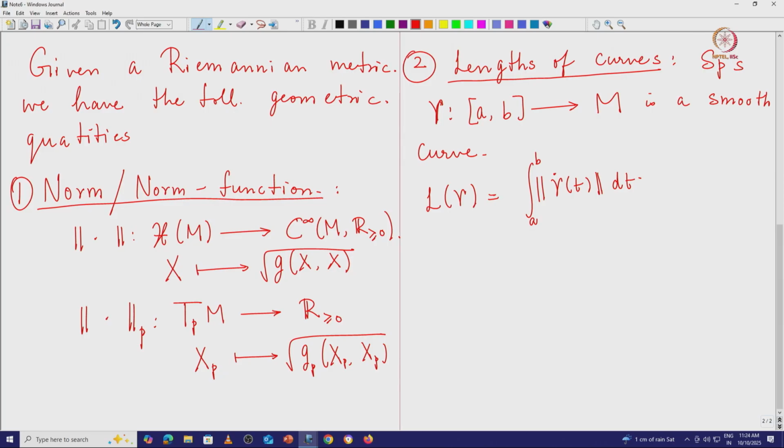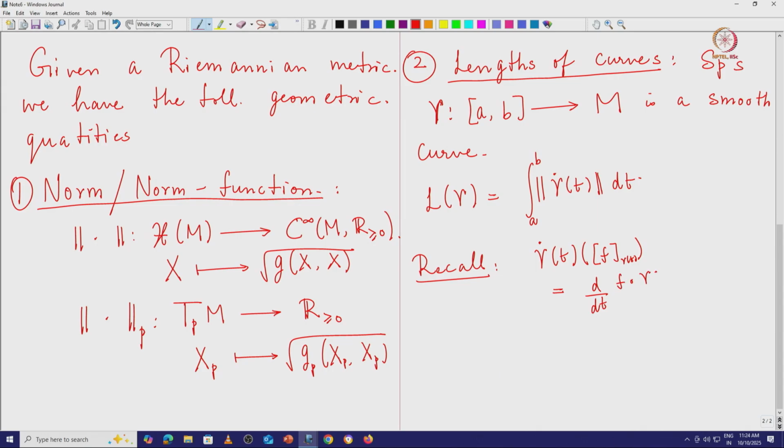Okay, so here recall that the velocity vector of gamma ought to be a vector field along gamma, so it acts on a germ at a point gamma of t, and this is basically just the usual derivative of f composed with gamma, right.